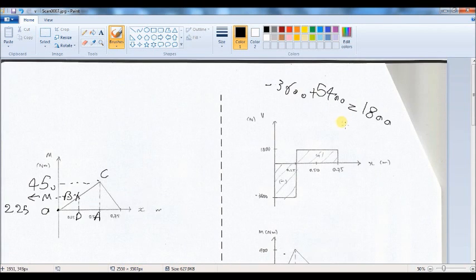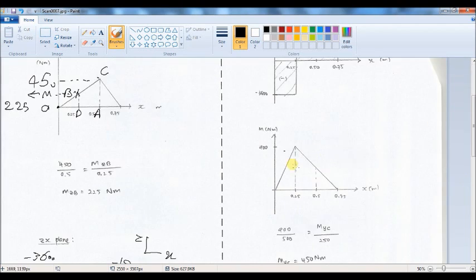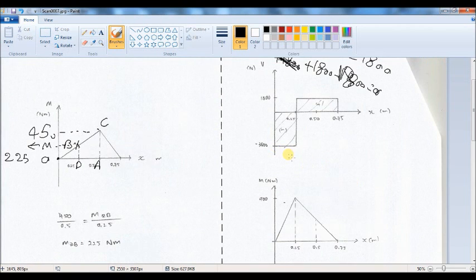So I will draw positive 1,800 minus 1,000. Okay, again, we return back to 0. Great. Next, I need to draw the moment diagram.